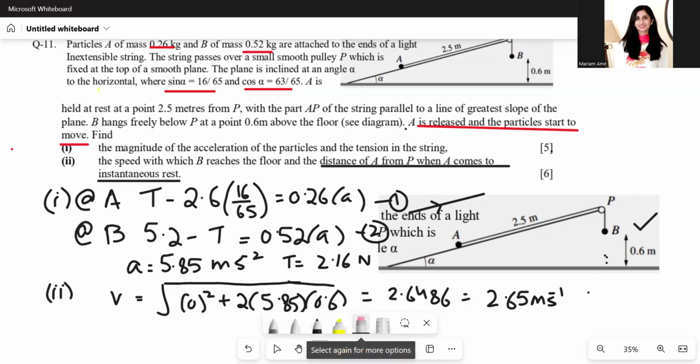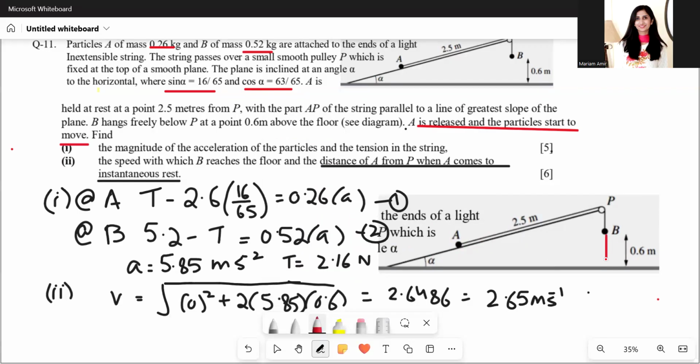As B falls to the ground, B covers a distance of 0.6 meters, so A will also cover a distance of 0.6 meters up the plane. That's the new position of A, and its distance from P would be 2.5 minus 0.6, so this would be 1.9 meters.